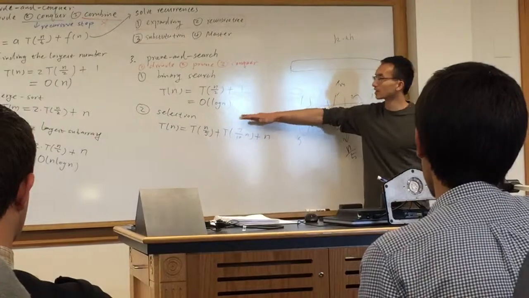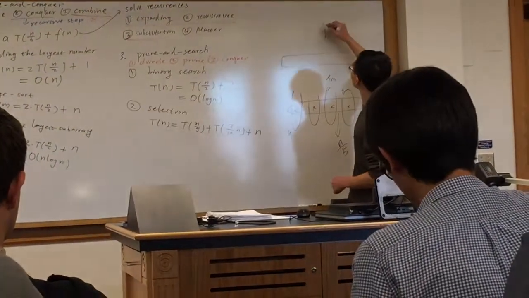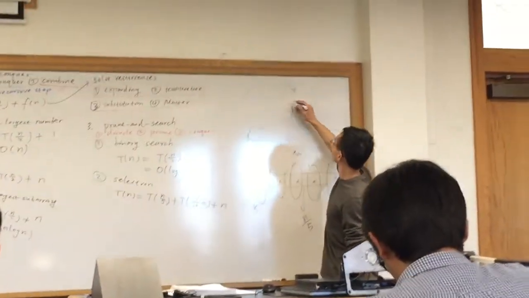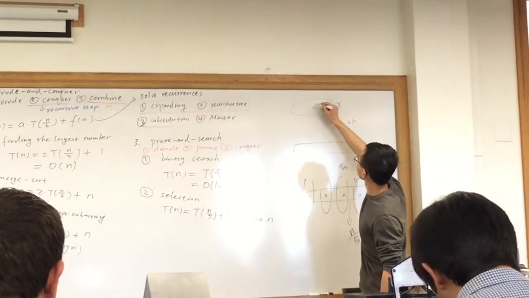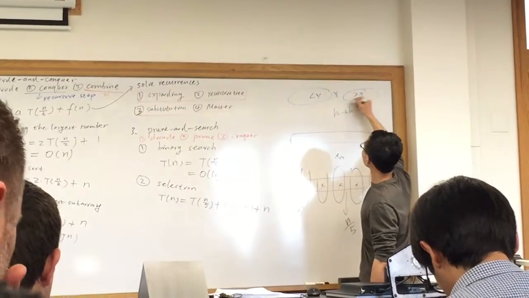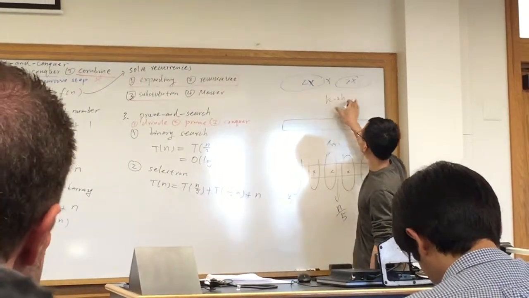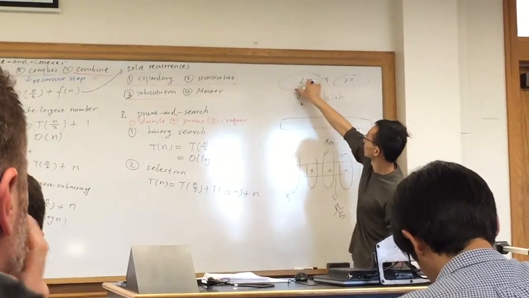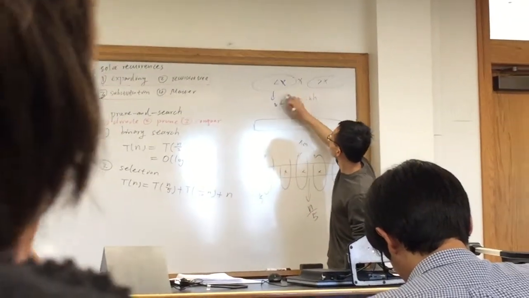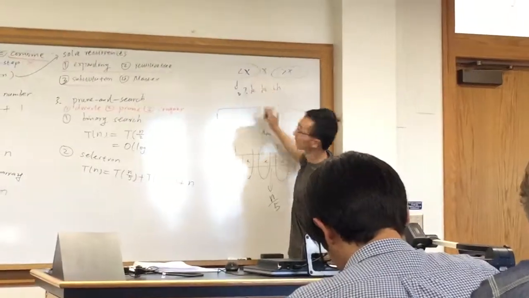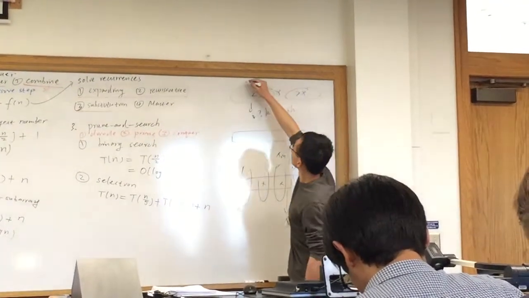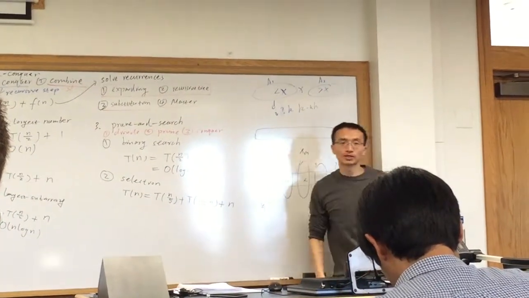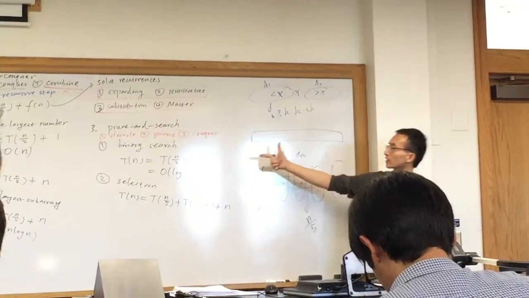Of course, the major idea for the selection is you pick any number x, and you find all the numbers less than x, and all the numbers larger than x. Because you are looking for the kth smallest number, you compute the number of these numbers and compare with k, and then you will know whether the kth smallest number is in A1 or A2. So that's the major idea of this selection.